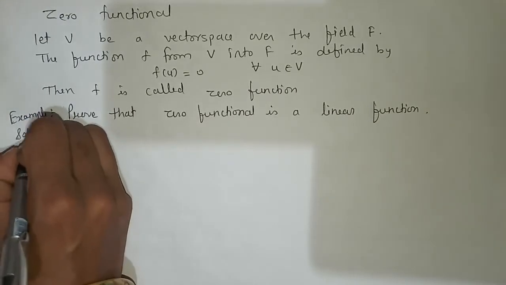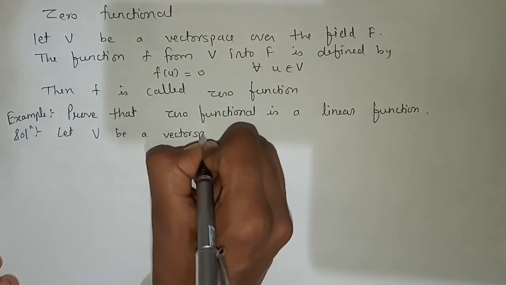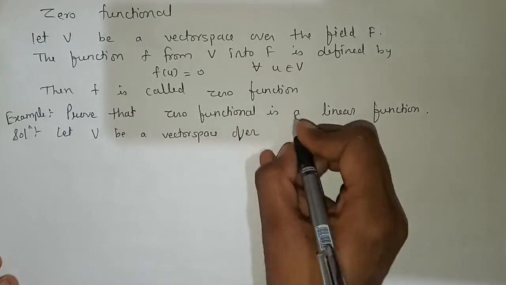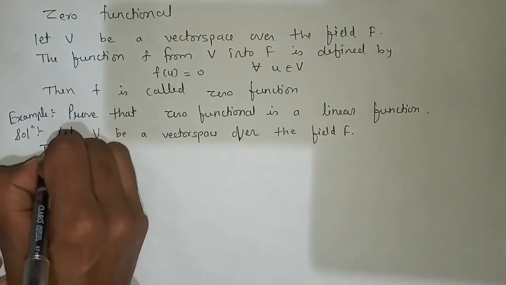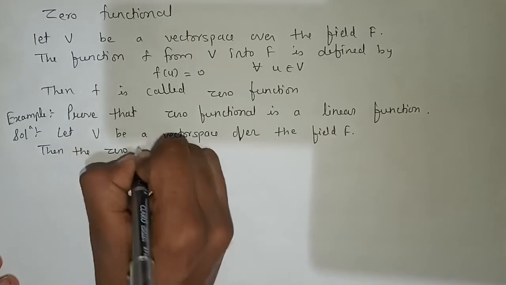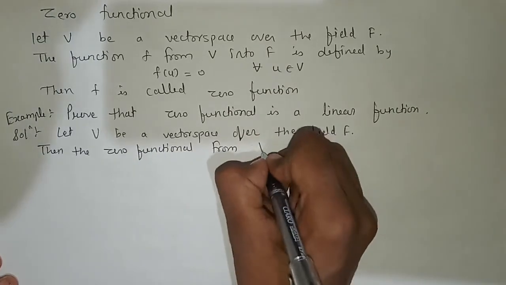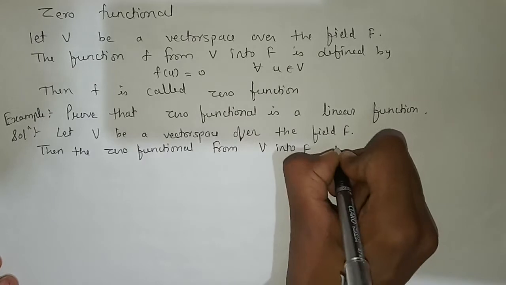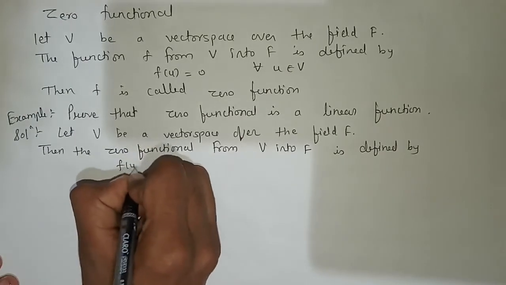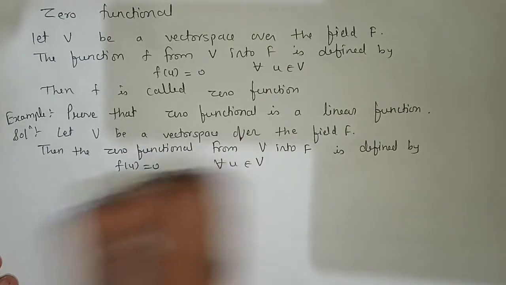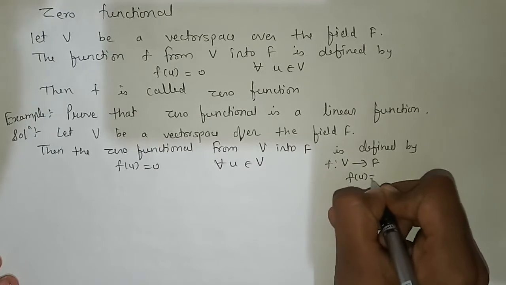For the solution of this question, let V be a vector space over the field F. Then the zero functional from V into F is defined as f of u is equal to 0 for all u belongs to V, or we can say that f is a mapping from V to F such that f of u is equal to 0.